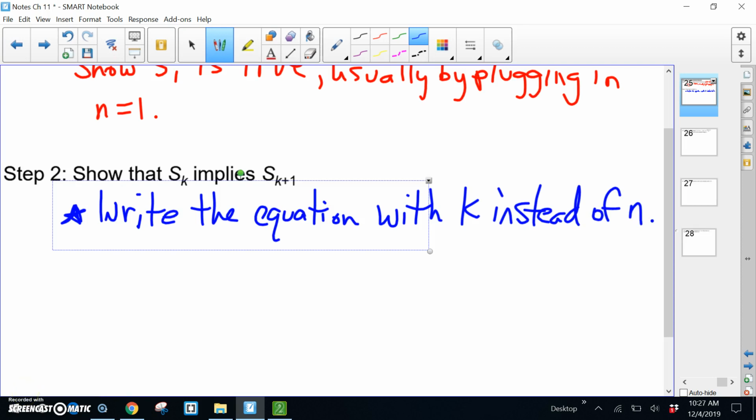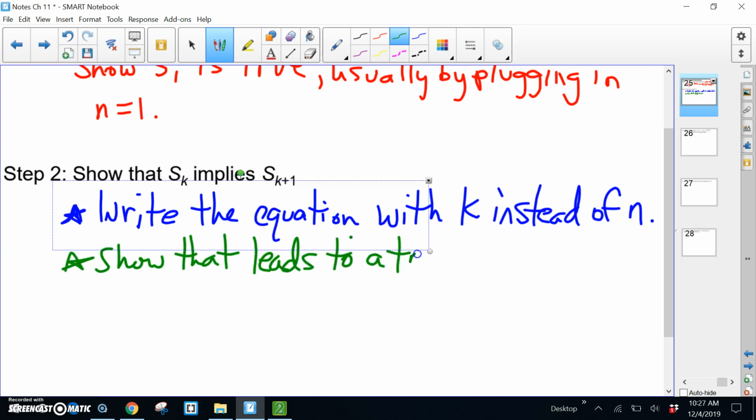K is just some number, and some number off in the future. I don't know what it is. It doesn't really matter. But we're just going to assume that it's true for some number k. And then we have to show that that leads to a true statement for k plus 1. K plus 1 being the next number or the next domino, if you will.